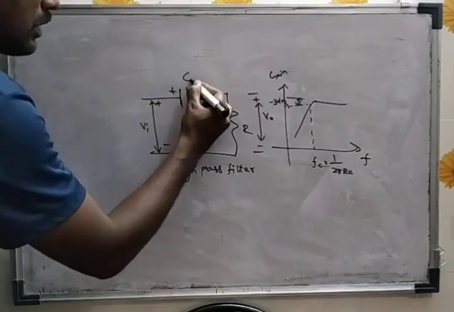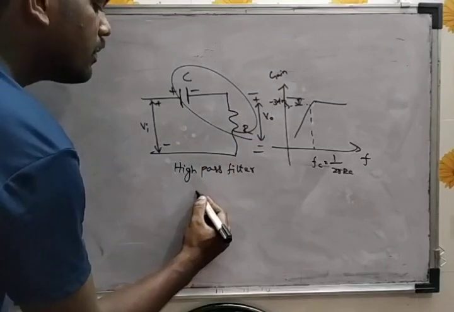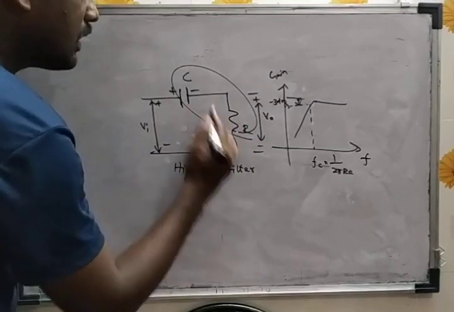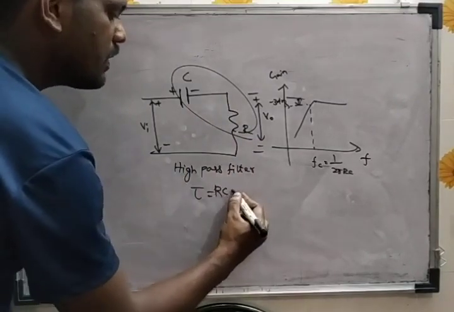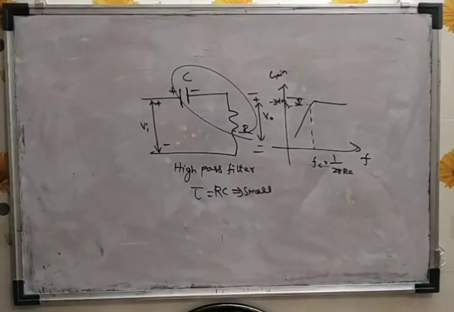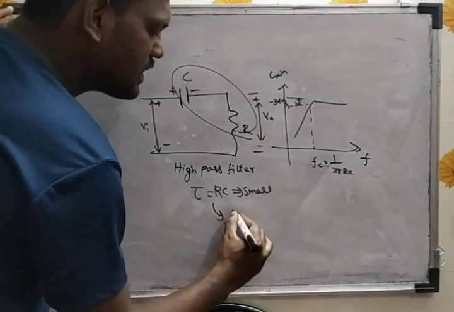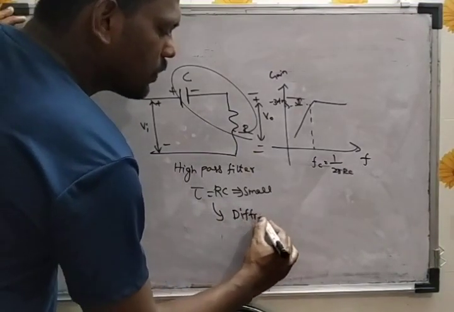If we set this time constant RC value small, it will work as a differentiator circuit.